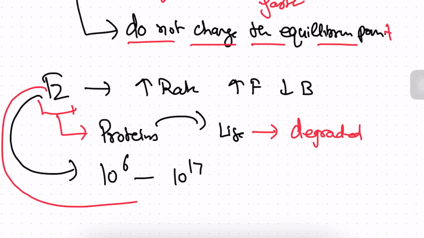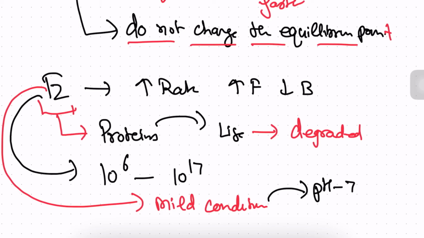Another important point, keep in mind that enzymes work most of the time in mild conditions. Most of your enzymes within the cell work at pH 7 and at a temperature of 37 degrees Celsius.